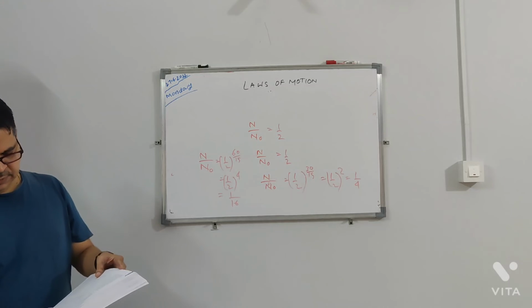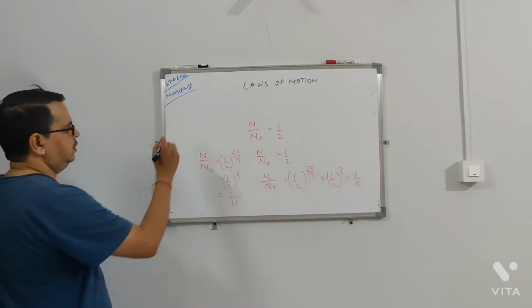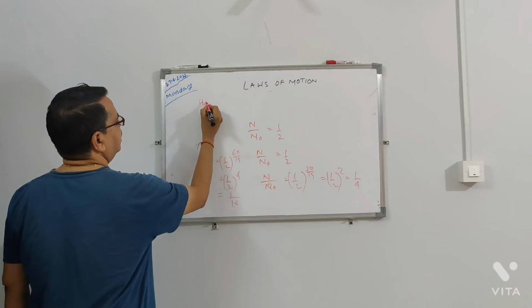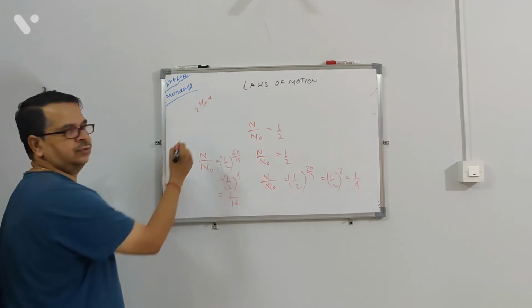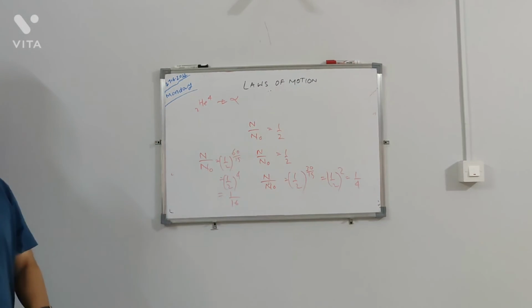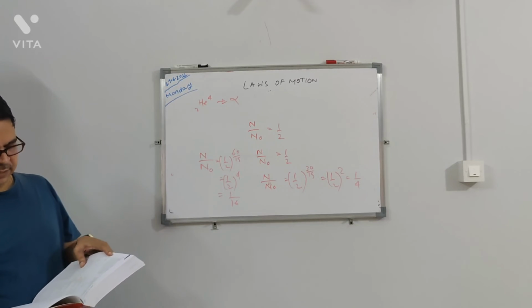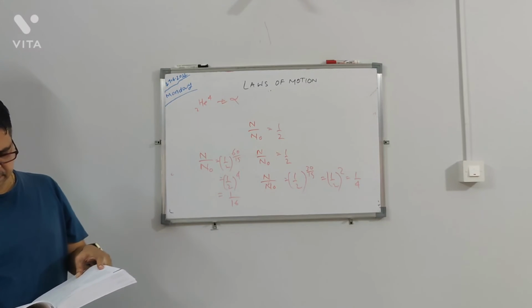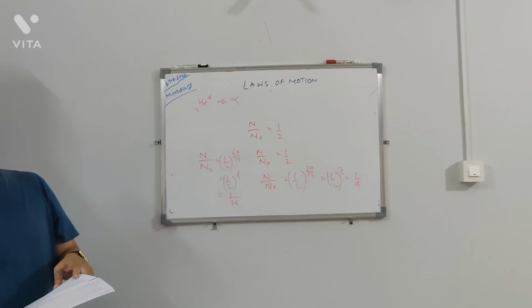And the helium nucleus, 2, 4. If an alpha ray is getting emitted, it is nothing but a helium nucleus.